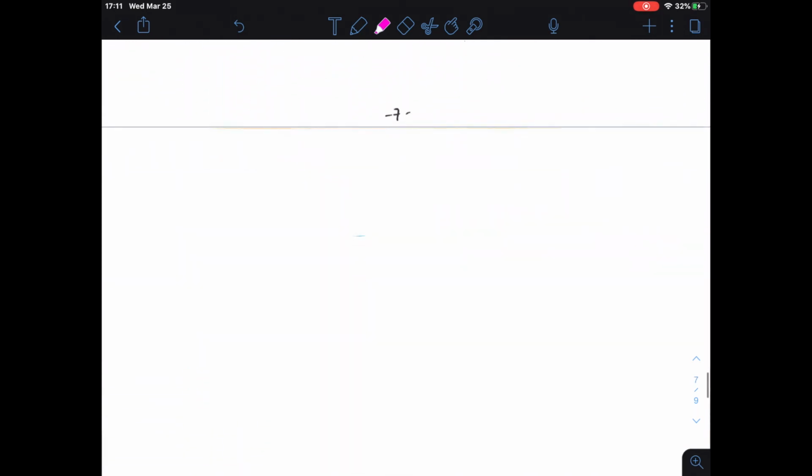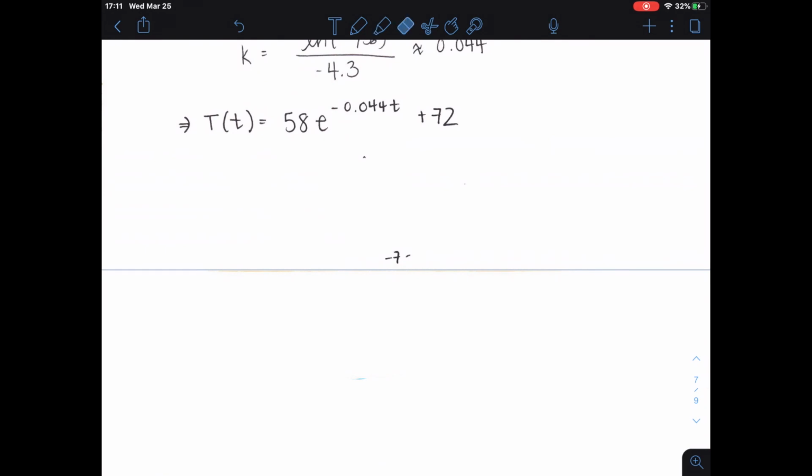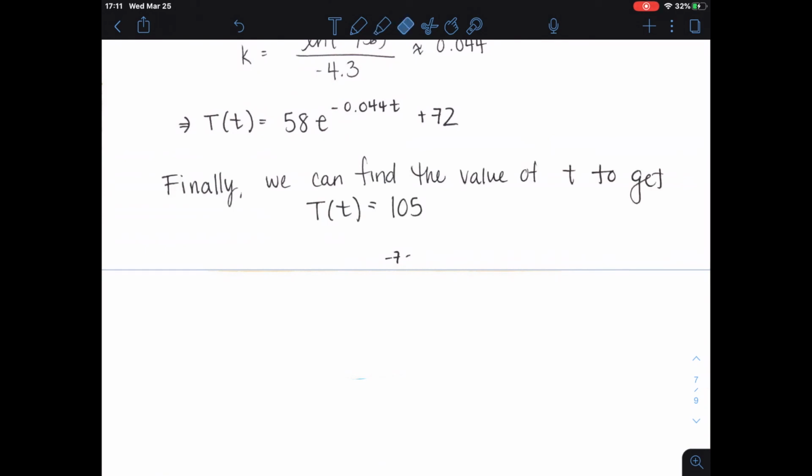So the last thing we have to do is find the value of little t, or time, that gives us an output of 105 degrees. So all we're going to do is replace this by 105 and see what value of time satisfies it.